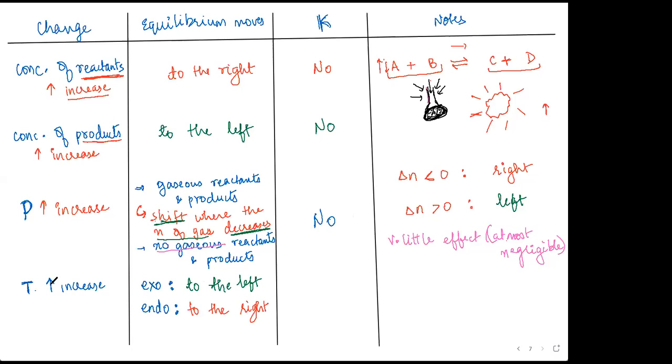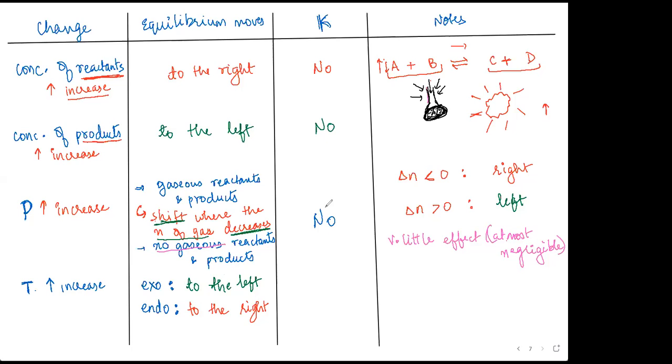So the more you heat, the more energy you give it by increasing the temperature, the more it will favor that reaction to take place. Like, oh yeah, give me energy, I'm going to go ahead with the reaction. So in endothermic, the forward reaction is favored, and the equilibrium shifts towards the right. And in exothermic, an increase of temperature is going to favor the backward reaction. So the equilibrium shifts to the left.